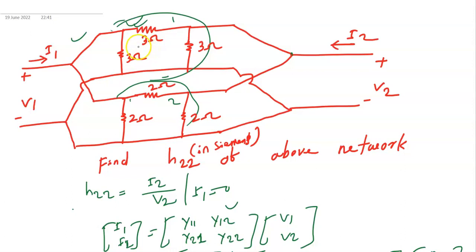How reciprocal? As you know that all passive networks are reciprocal, so by default it is reciprocal. Then how is it symmetrical? Symmetrical is when you bisect this network, you can easily see that both halves have equal composition of the network, so it is also symmetrical.